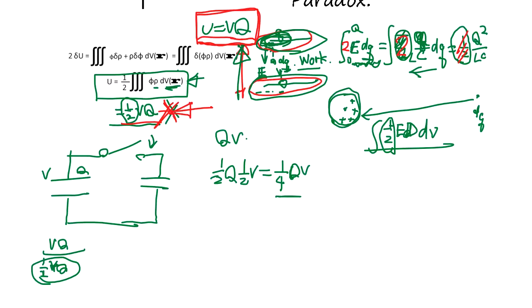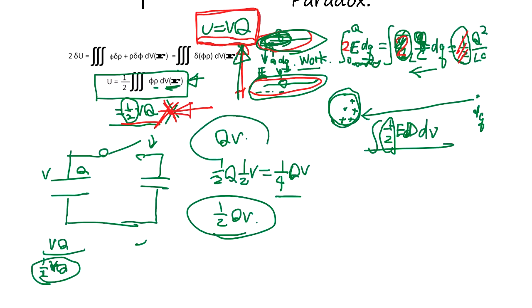So 1/4 times 2, we have only half QV. So what happened to the energy? We used to have QV energy, now half QV. What happened? This is a violation of conservation of energy.